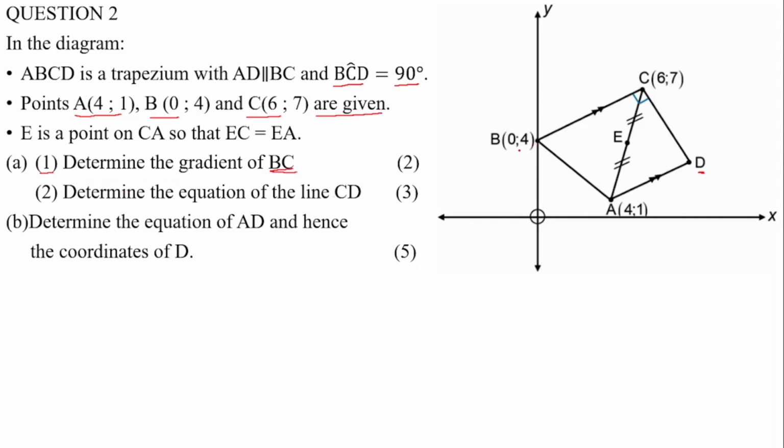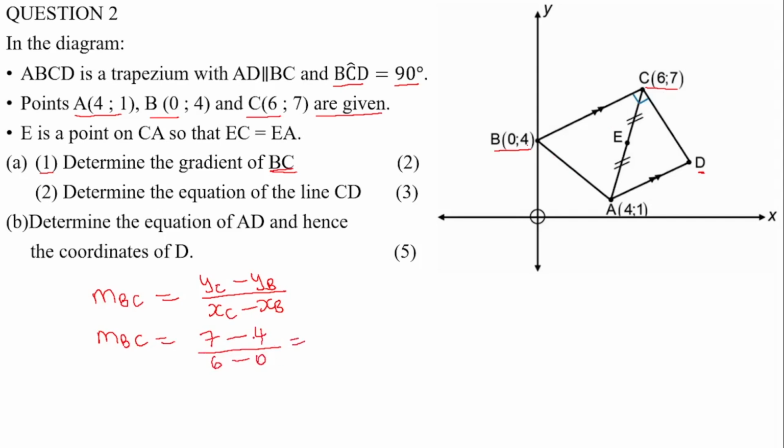The gradient of BC. So we're going to use the coordinates of B and C. So we're finding the gradient of BC, which is equal to change in Y. So Y at C minus Y at B over X at C minus X at B. Okay, so it means the gradient of BC is equal to Y at C is 7, then minus Y at B, that is 4, over X at C, that is 6, minus X at B, that is 0.